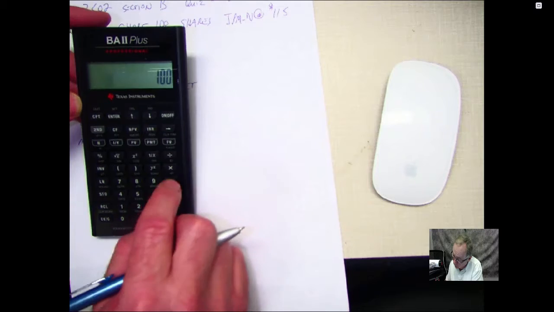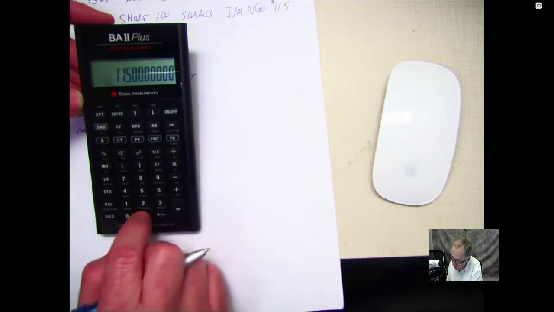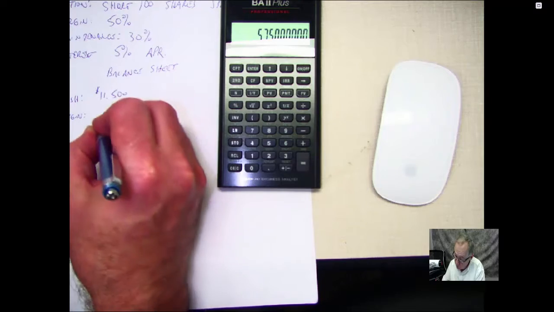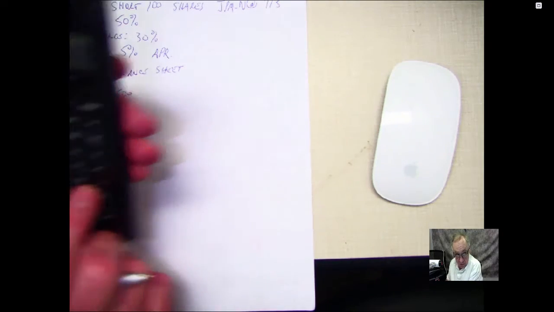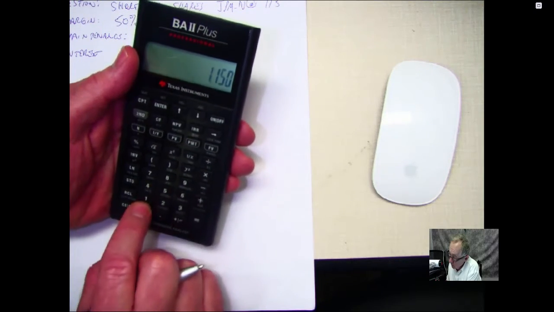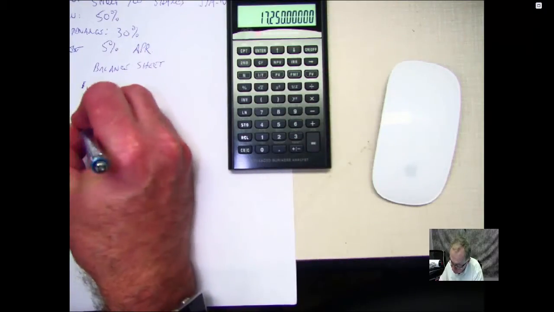So let's double check. 100 times 115 is 11,500, 50% margin is $5,750. Okay, so the position will have cash of 5,750 plus 11,500, 17,250.